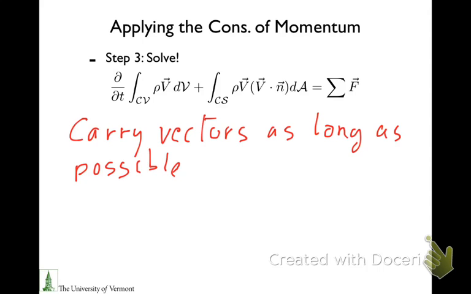Unless you are just looking for one component, in which case you can project this vector equation, because yes, remember, it's a vector equation, onto one particular direction. You need to carry this equation as a vector equation for as long as possible. That will vastly limit the risk of error on your part.